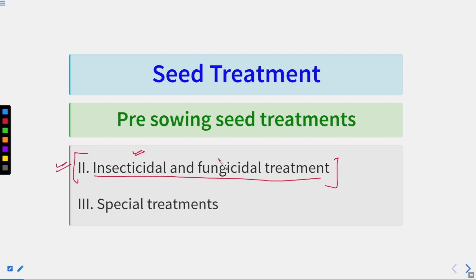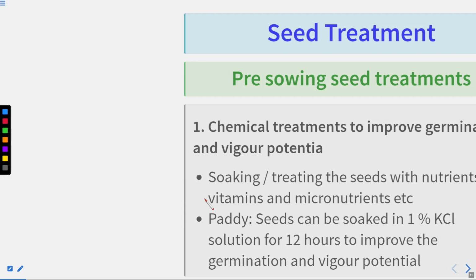Insecticidal means the chemical that can kill the insects that are harmful for the seed. Fungicidal treatment means the chemicals that can kill the presence of fungus in the form of spores or any hyphae inside the seed. And then special treatment.